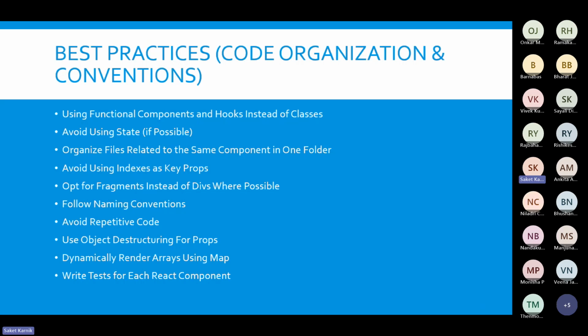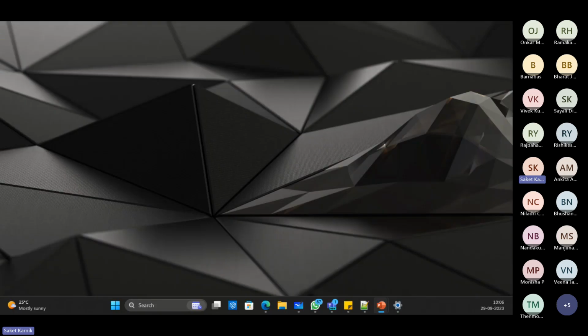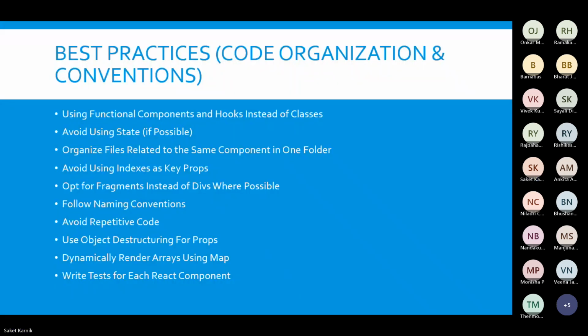Some best practices to be remembered while working with React.js applications, with respect to code organization and the conventions to be followed. What React.js recommendation says, we discussed that. We have functional components, we have class components.